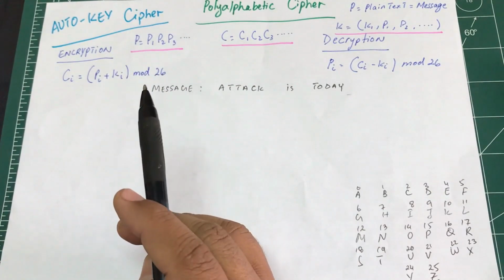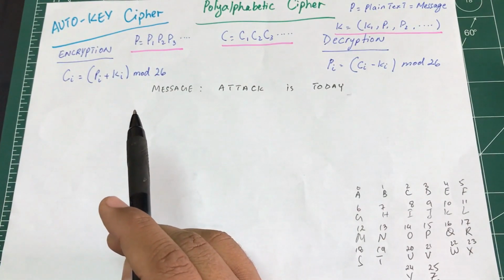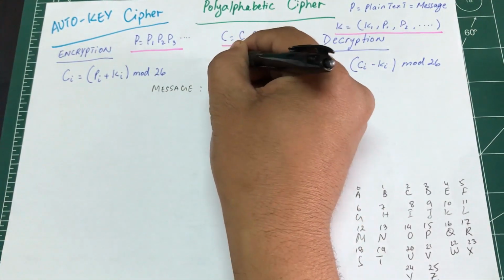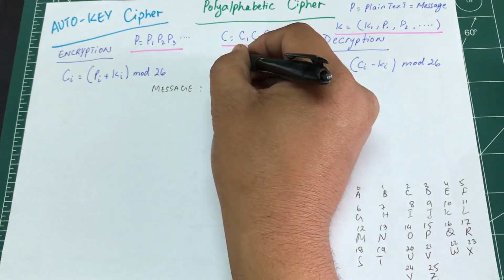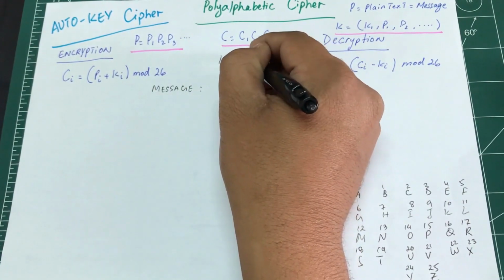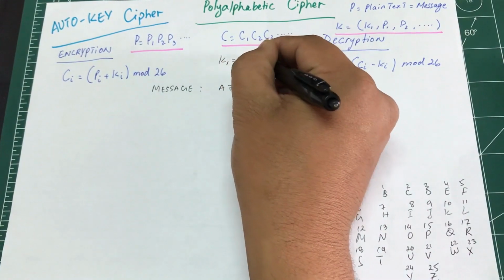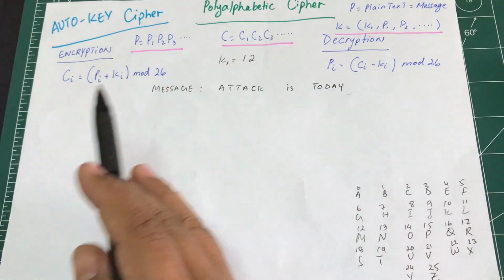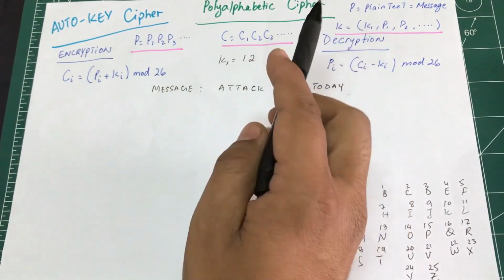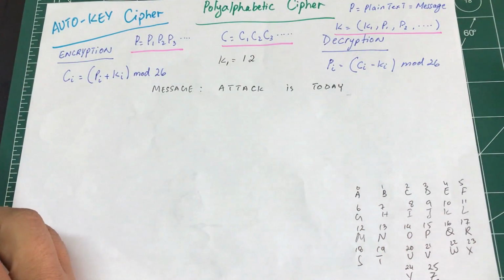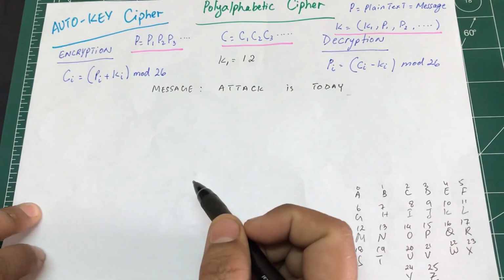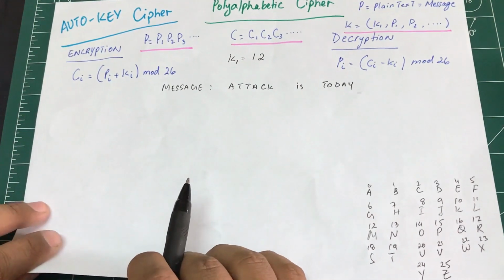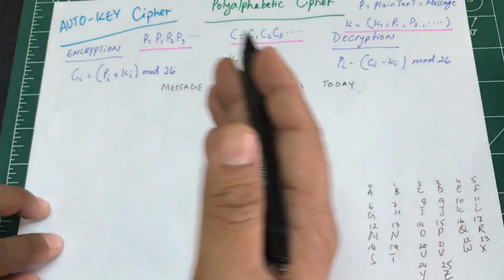Let's say this key is going to be 12. But the key for the next letter is going to be the plain text value. The next key and the following keys are going to be the plain text.